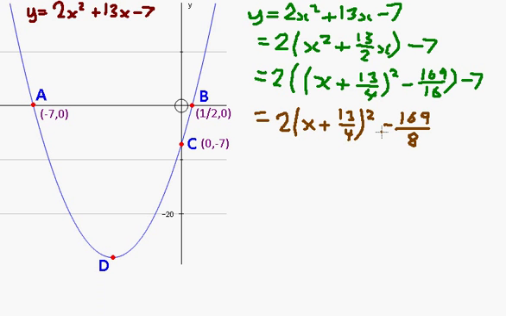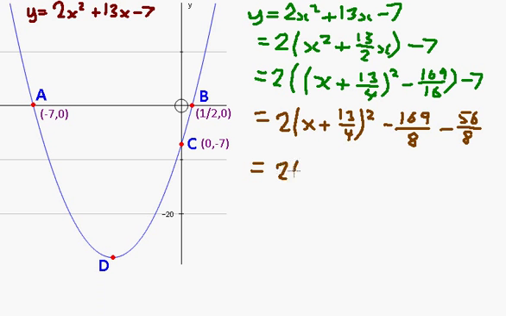That's pretty much what I've done, but all in one step. And I've got the take away 7 on the end, which I'm now going to write as minus 56 over 8. I've turned minus 7 into minus 56 over 8 to make it convenient to combine these two fractions. I've just times the 7 by 8, 7 eights are 56 over 8. If I simplify that down, I just get back to minus 7. So that shouldn't be too much of a problem.